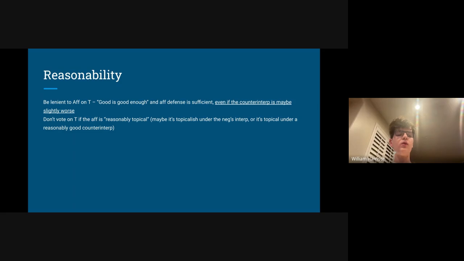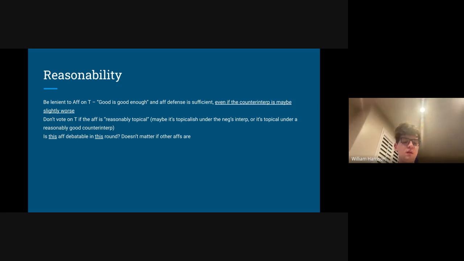So you're going to say that you're not voting on T if the AFF is reasonably topical. There's a number of ways you could become reasonably topical. Maybe you're topical-ish under the neg's interp, or maybe you're topical under a reasonably good counter interp, or maybe you're just quite close to the neg's interp. It also raises the question of whether the AFF is debatable in this round, this AFF in this round, rather than the other AFFs that the counter interp might allow for.